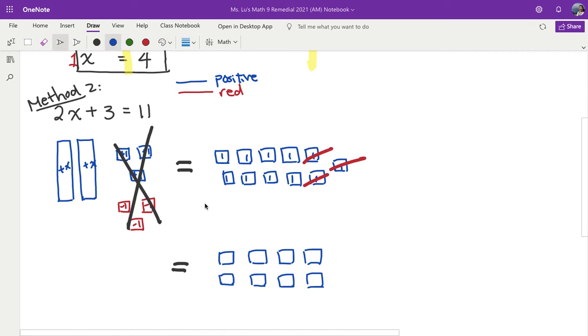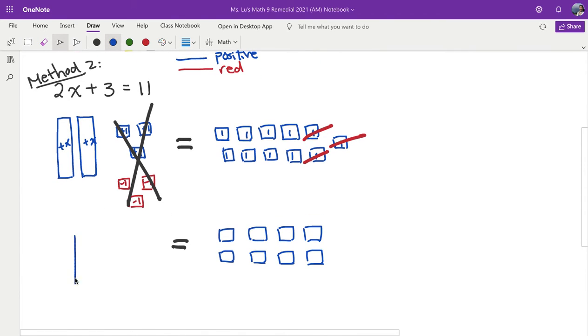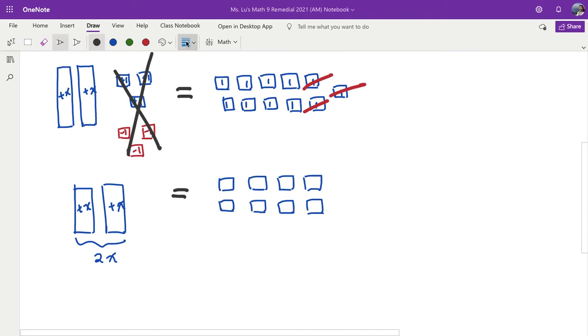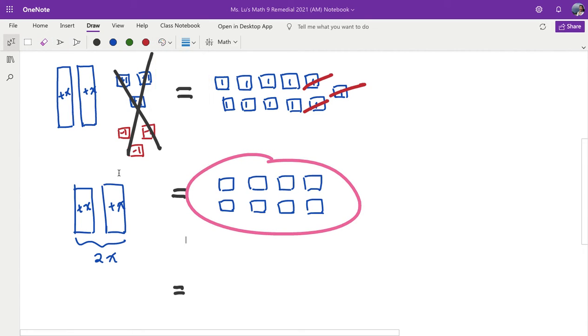Now don't forget the 2 x's here, so we still have 2 x's. That's one x and another positive x. Simply speaking, everything is good, but we're not done yet, because now you're trying to think how we can fit your 8 blue tiles into your variables.